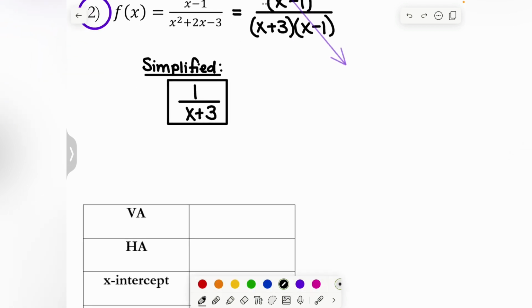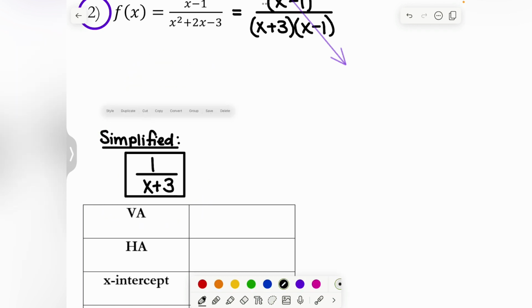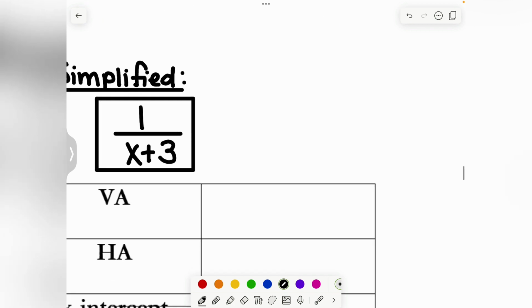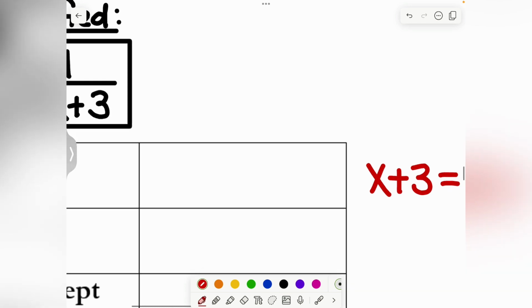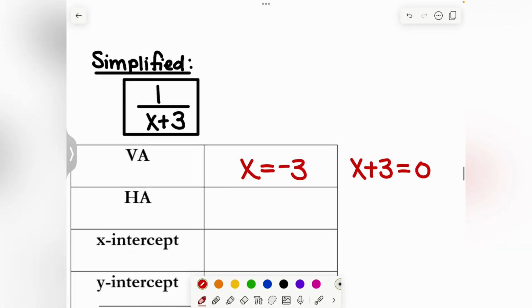So starting with our vertical asymptote, and it's the vertical asymptote of this. Okay, so use that. Vertical asymptote is when the bottom equals 0. So if x plus 3 equals 0, I subtract the 3 over, and that gives me the equation of my vertical asymptote at x equals -3.